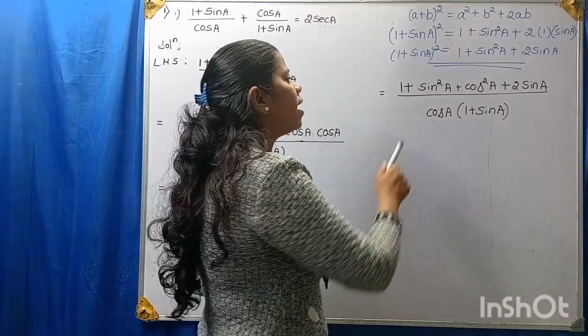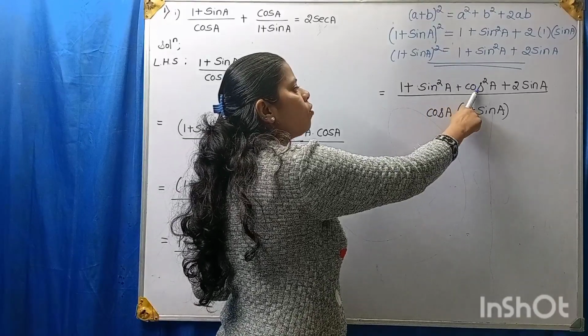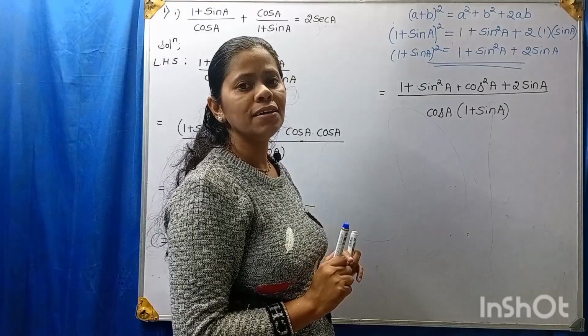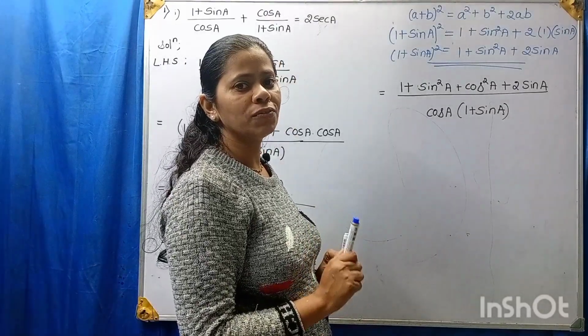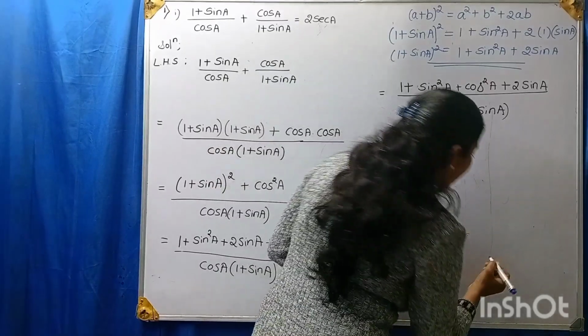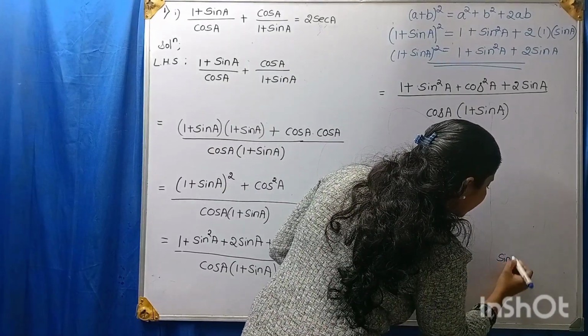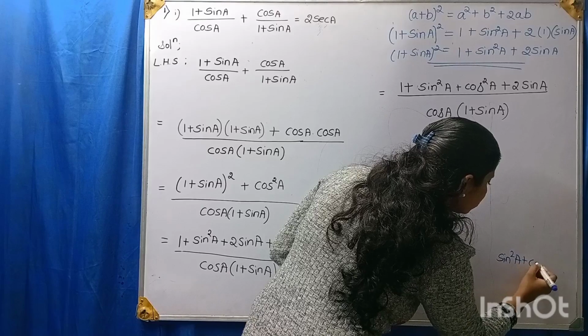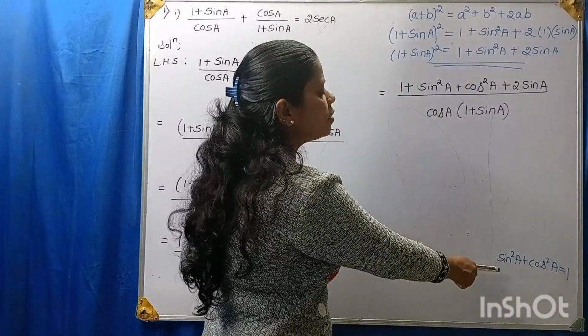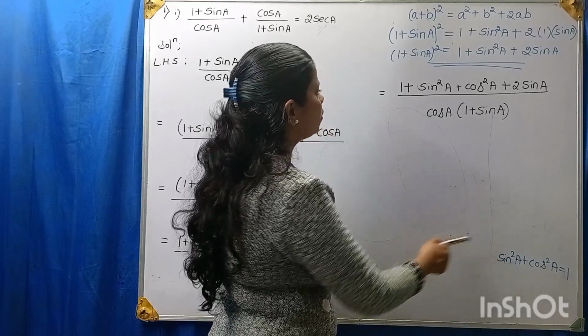Now look at this, sin square A plus cos square A. We will remember one formula. What is that? Sin square A plus cos square A is equal to 1. This is our trigonometric identity.